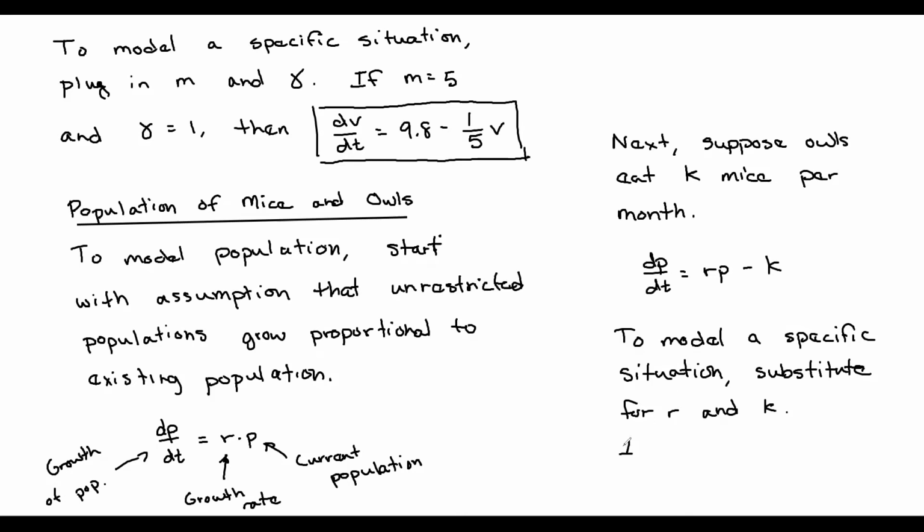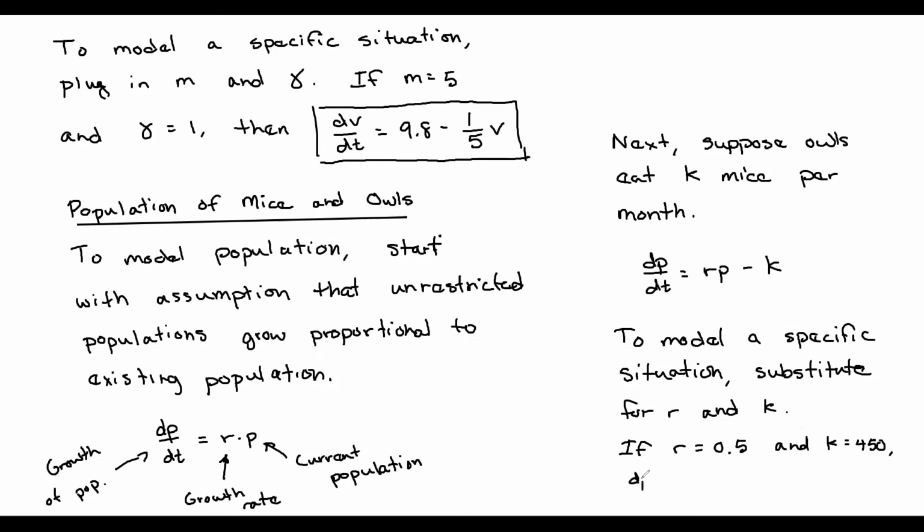So specifically, if R equals 0.5, that's the growth rate, and you could think of that as a percentage. That's a 50% growth rate over our time period, which we're saying is a month. And K equals 450, so that's assuming 450 mice are eaten by owls per month.